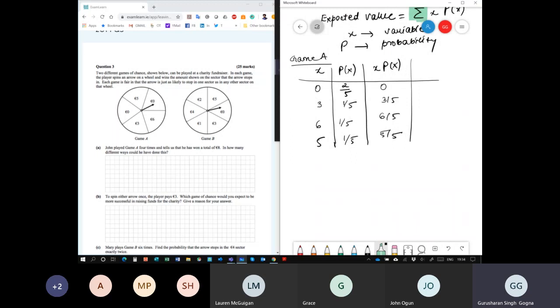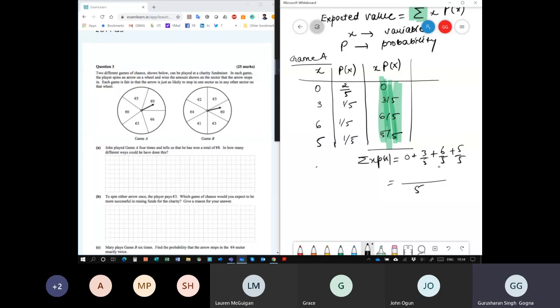Sigma means sum. So when you add all of these numbers, you will get the expected value. So sigma x P(x) equals 0 plus 3 over 5 plus 6 over 5 plus 5 over 5.